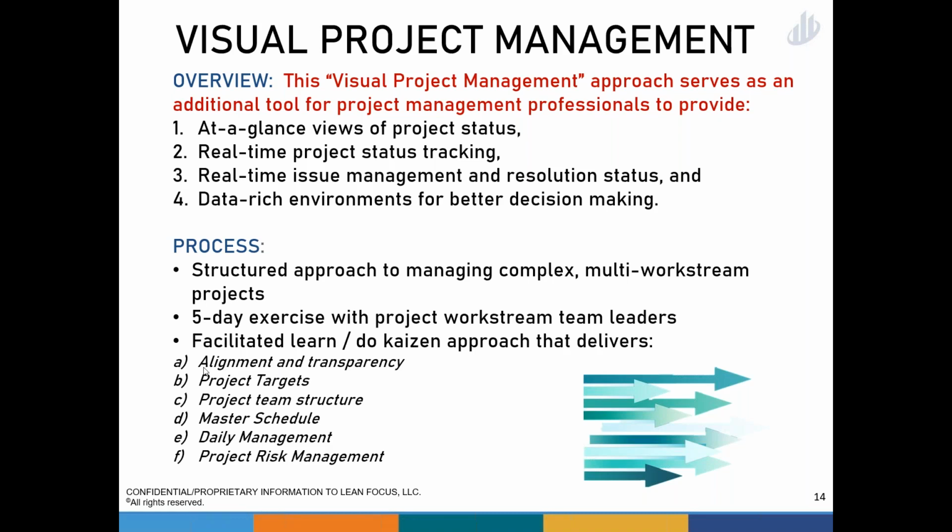So driving that alignment and transparency on objectives, setting the key project targets, aligning on the structure, who's doing what, who's accountable at each phase, getting that master schedule really aligned and understanding how far out we are looking, days, weeks, months, that we're managing within our visual project room, our OBEA, and what are the rules around our daily management and our project risk management so that we drive progress. So doing it right at the beginning of a project, coming in with a context around what our key project targets and the key deliverables of our master schedule are, and then building around that and setting the OBEA room against that is what's key.